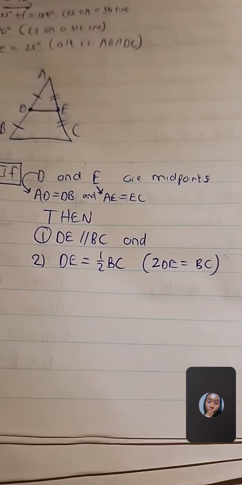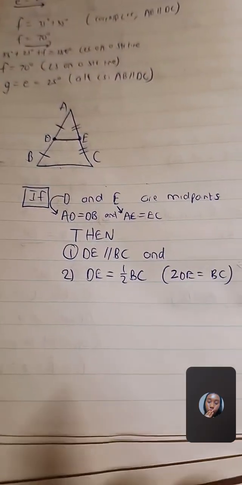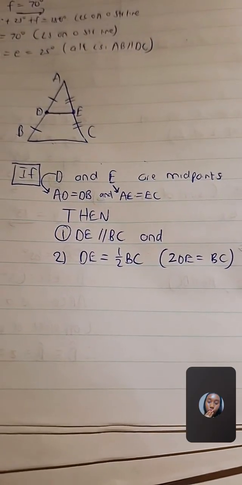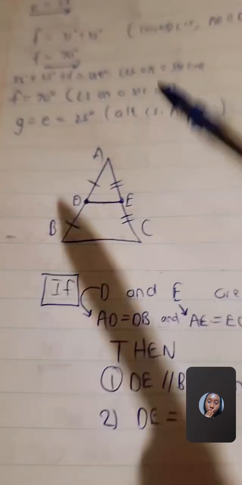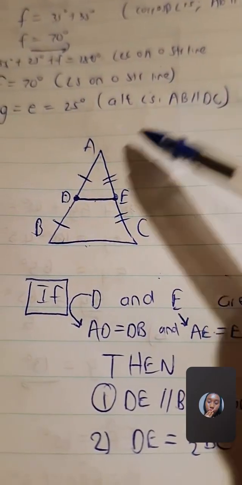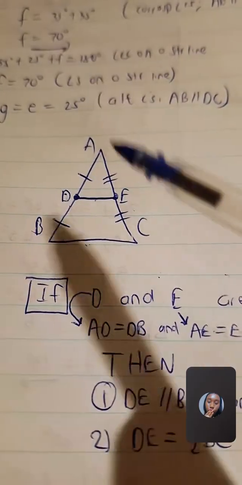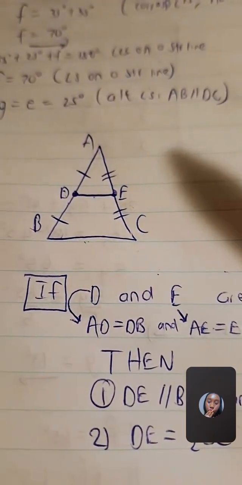All right. So this, guys, is what we call the midpoint theorem. Let me repeat this one more time. The condition of the midpoint theorem is that AD must be equal to DB. That's 1. AE must be equal to EC. That's 2.